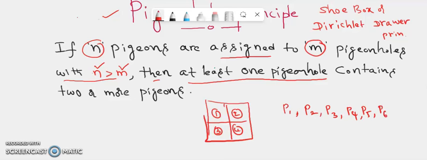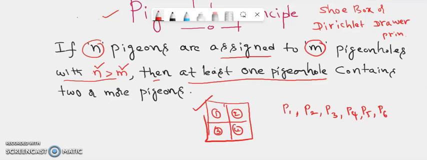Suppose there are 6 pigeons and 4 pigeonholes. Pigeon means pavrallu. Pigeonholes means pavrala gold.